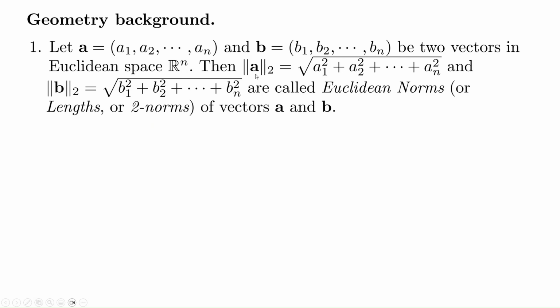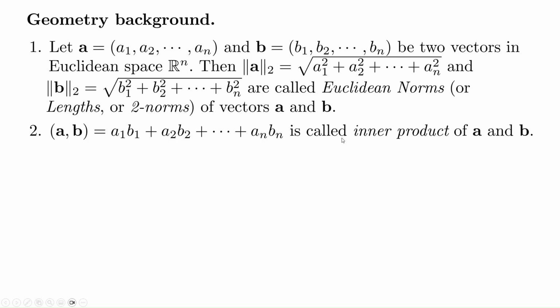For example, the two-norm of vector A is defined to be the root of the sum of the components squared. The left-hand side of the inequality, a1b1 plus a2b2 plus up to anbn, is called the inner product of the two vectors.